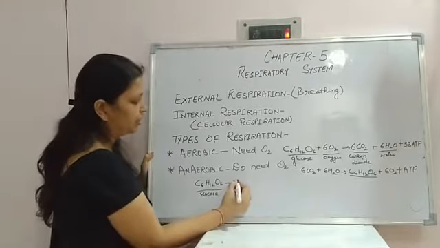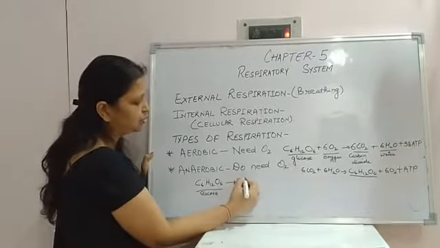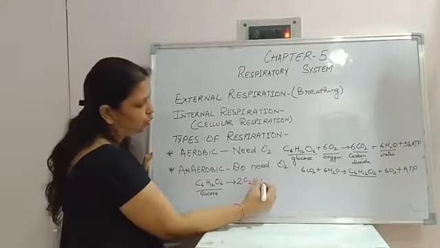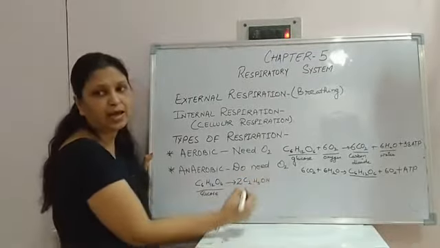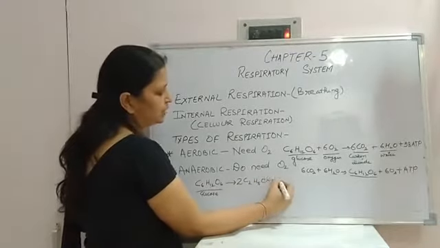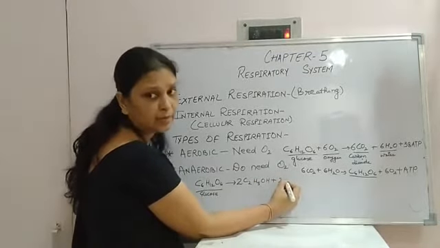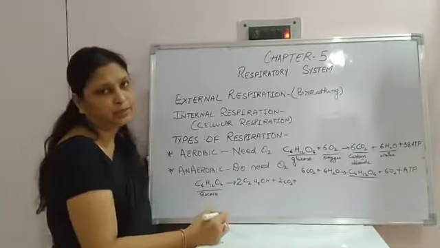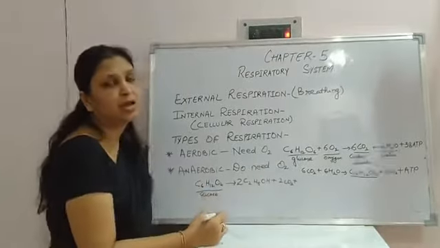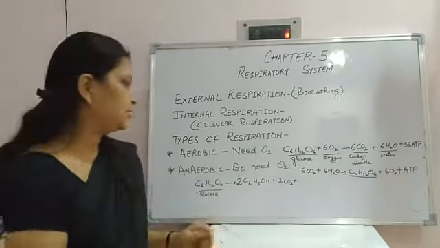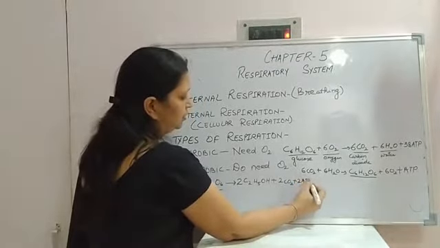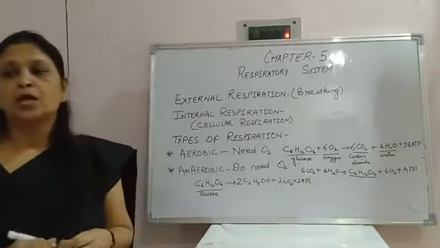The formula of ethyl alcohol is 2C2H5OH, and it gives you plus 2 carbon dioxide plus ATP, but it releases a lesser amount of ATP, that is 2 ATP.